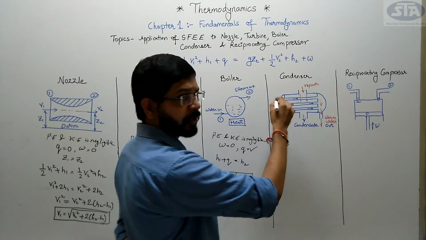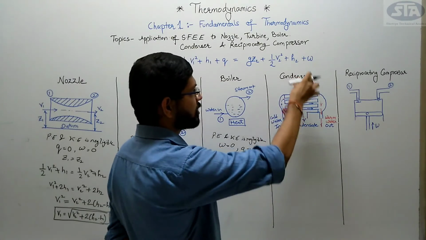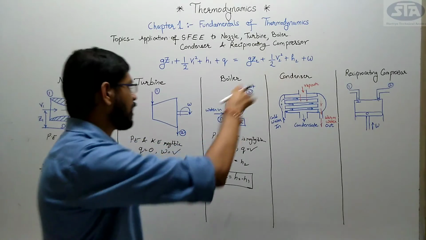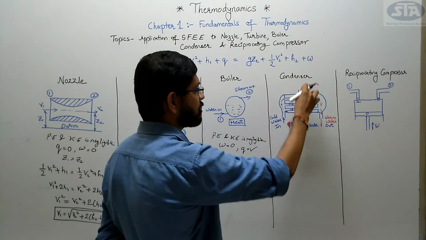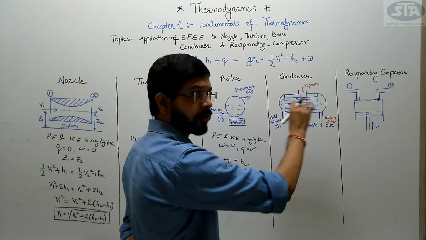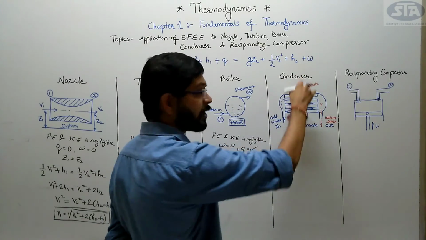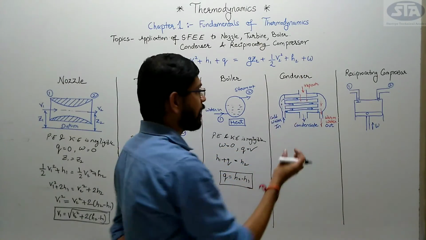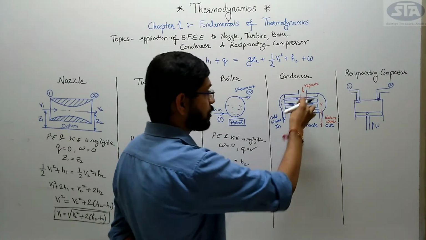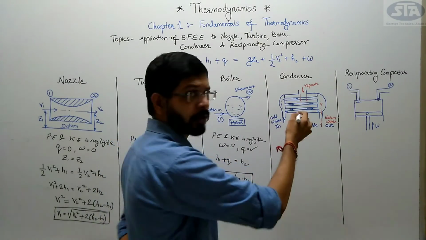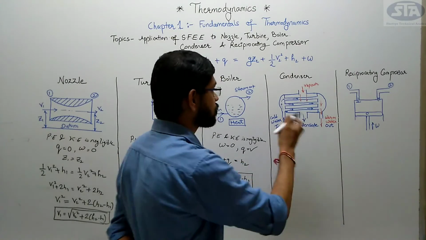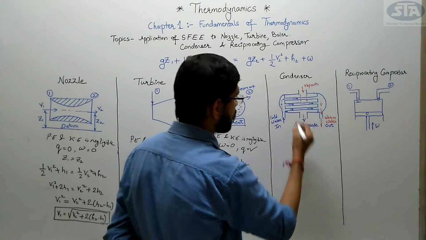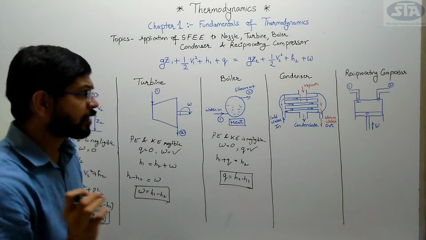My cold water is entering from one side, and from the other side comes the vapor which I have impinged on my turbine. As this is hot and this is cold, the cold water, due to the heat of the vapor, becomes hot, and the vapor extracts heat from it, right? And this gets condensed. So my condenser works as a heat extracting device.